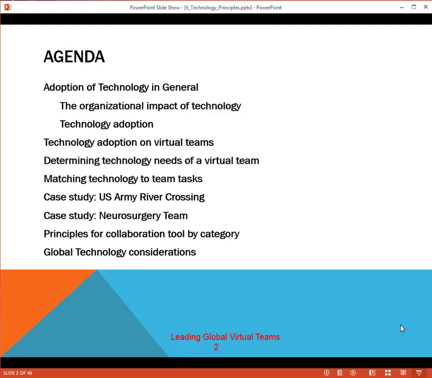We'll look at two different case studies, one on the U.S. Army river crossing and the other of a neurosurgery team. We'll then look at principles for collaboration tools by category, and then we'll end up with global technology considerations.